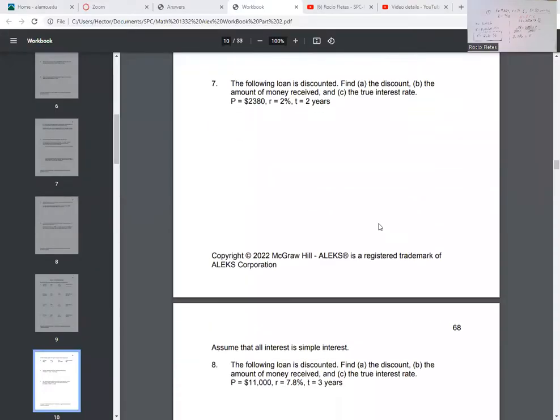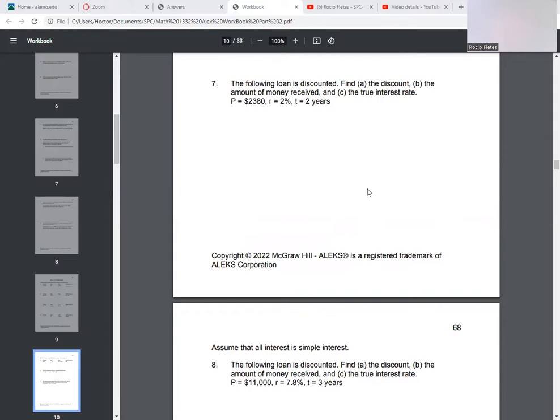Now 7 has 3 parts, okay? And so let's read it. It says that the following loan is discounted. Find the discount, the amount of money received, and the true interest rate. I'm going to walk you through the problem.